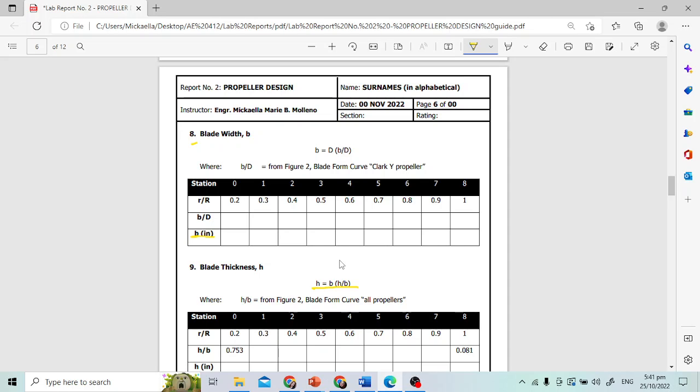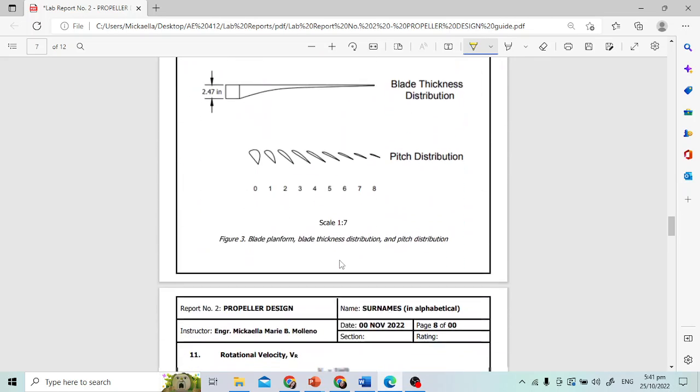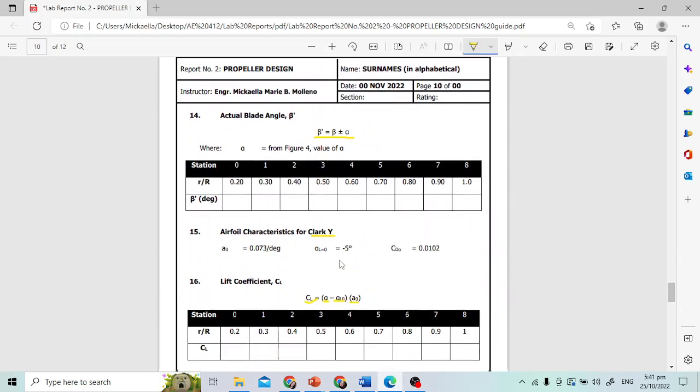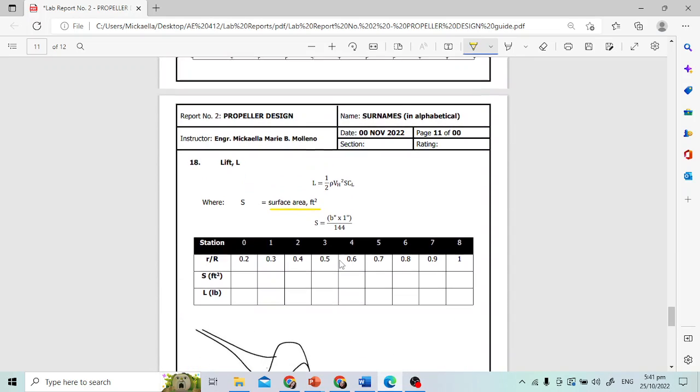Okay, dito siya manggagaling sa blade width in inches. So, convert nyo siya. Again ha, kindly take note kung kailan kayo magko-convert, when to use feet or inches. So, for this one, we would be using squared feet. So, we need to convert the values that you would be getting from your part 8 to feet squared by using this formula.